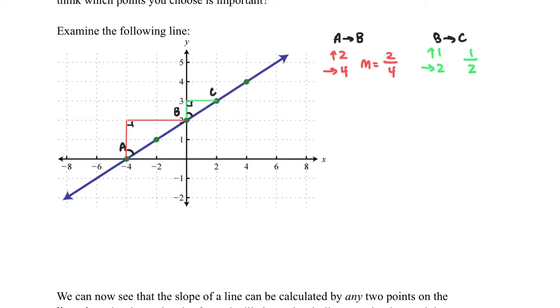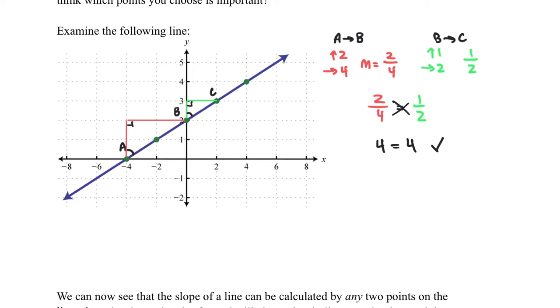So what happens is we actually get similar triangles. It is easy to see that these 2 fractions are the same. They're both 0.5. But I could prove it to you by setting up a proportion, which is what you're going to do. As we've now learned, we solve proportions by cross multiplying. 2 times 2 is 4, 4 times 1 is 4, so we can see that those 2 are exactly the same.